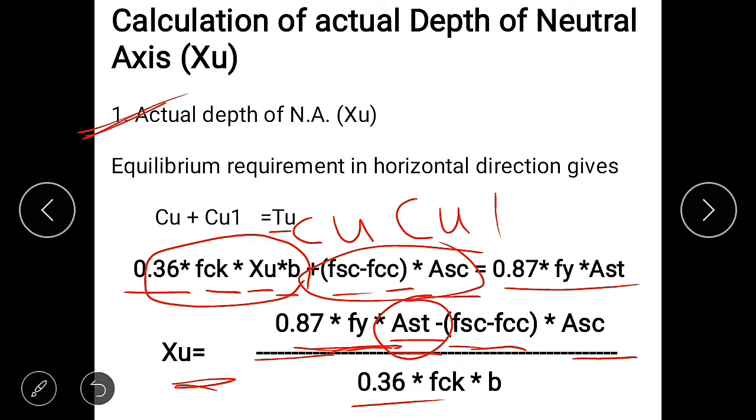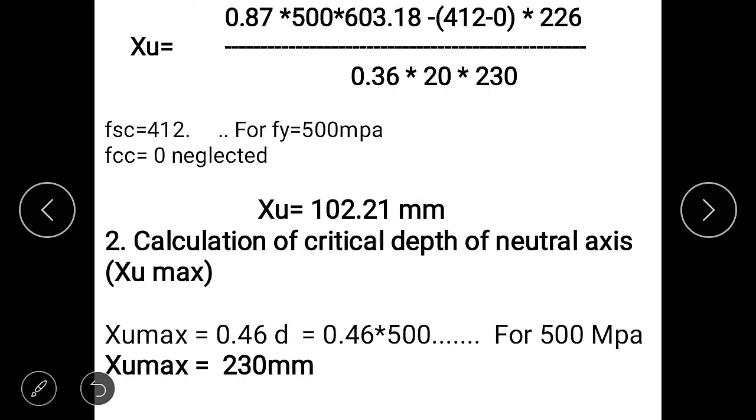The fsc value is given in one table. How to get the fsc value for fy 500? In part 1 I gave you one table for the fsc value for grade 415 and grade 500. How to get the value of fsc?